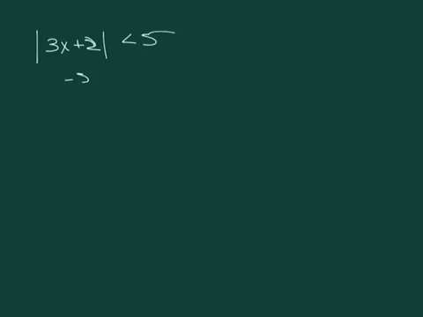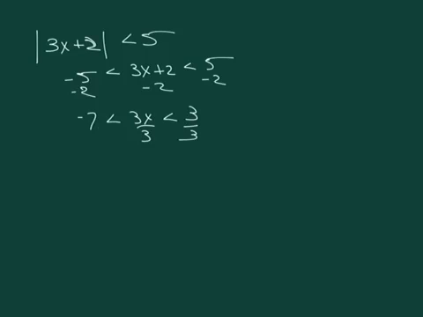So we put negative 5 is less than 3x plus 2, which is less than 5. And we just solve this one. Subtract 2, subtract 2, subtract 2. Negative 7 is less than 3x, which is less than 3. And then we divide by 3, divide by 3, divide by 3. Negative 7 thirds is less than x, which is less than 1.